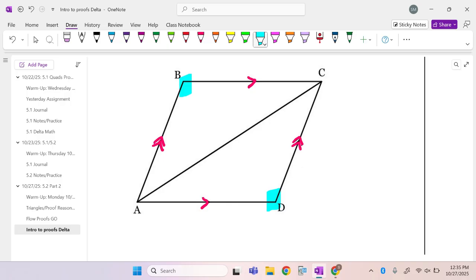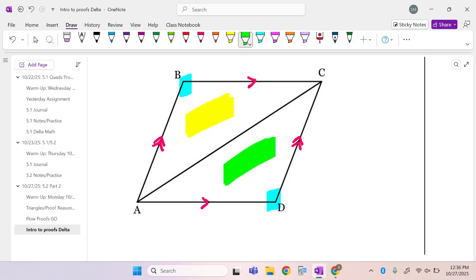So method of attack. Ignore that it's a quadrilateral. In reality, what is it? So what shape do you it's two triangles. So this triangle and this triangle.